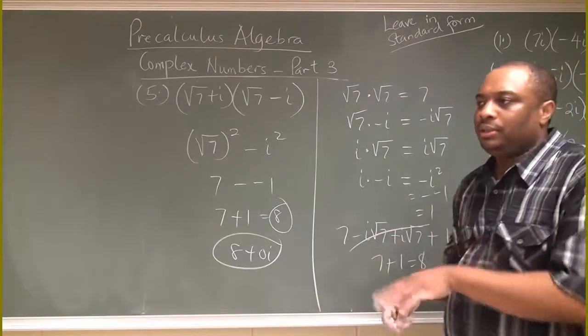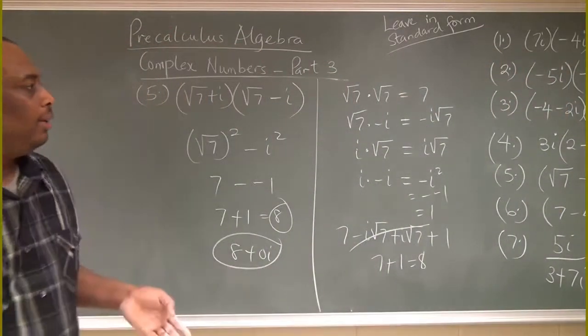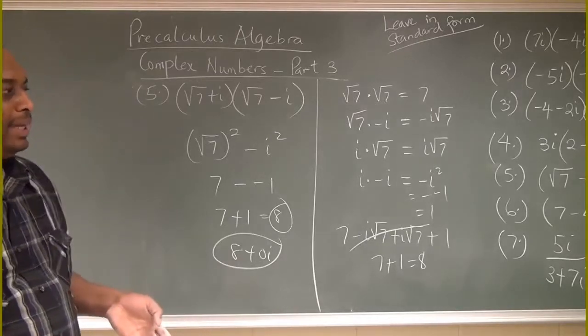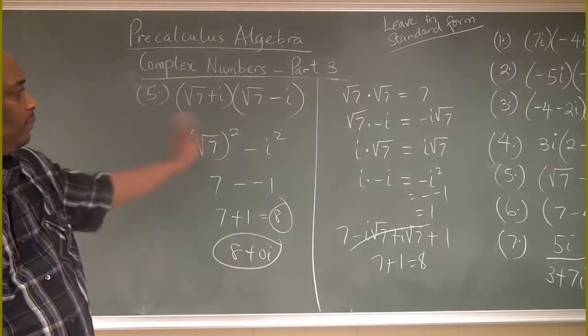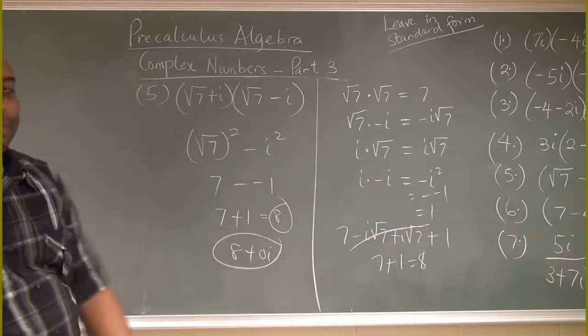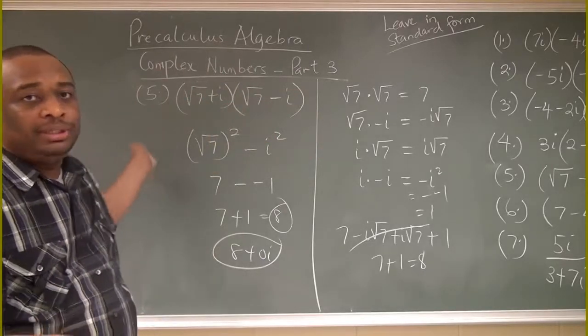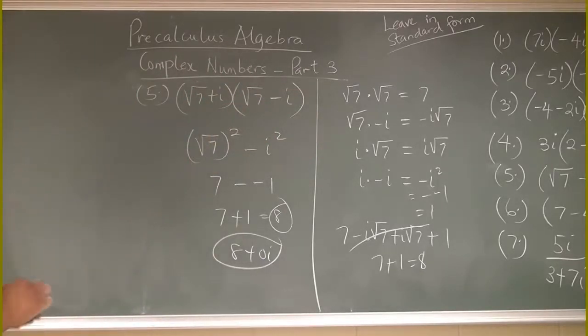We are going to use this when we do division, when we talk about conjugates, the rationalization of complex numbers. So when you see this, it's easier to use difference of two squares. If you want to use FOIL, that's fine, but I would use difference of two squares right away.